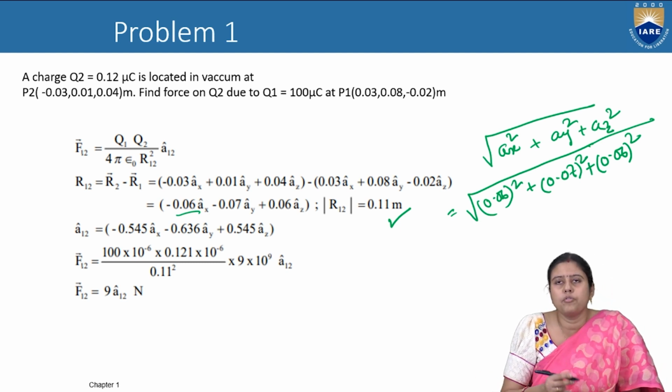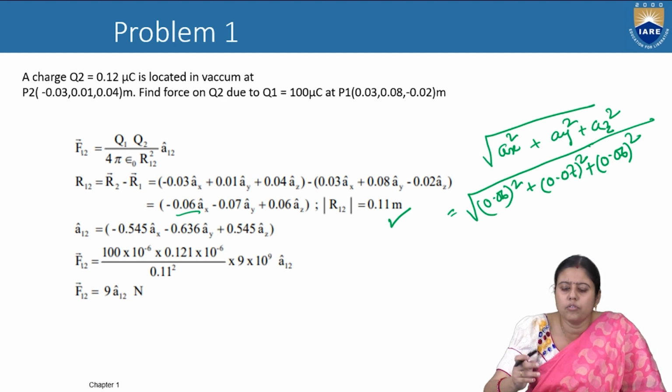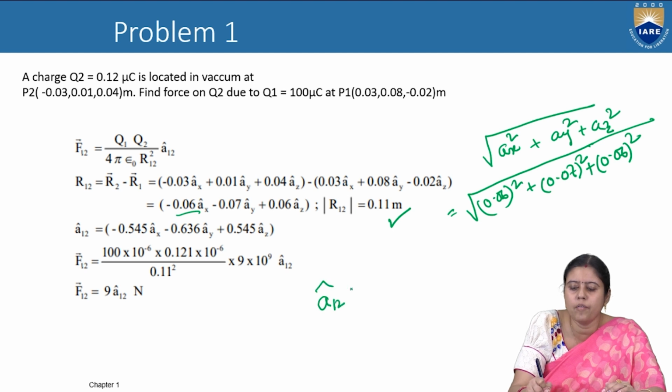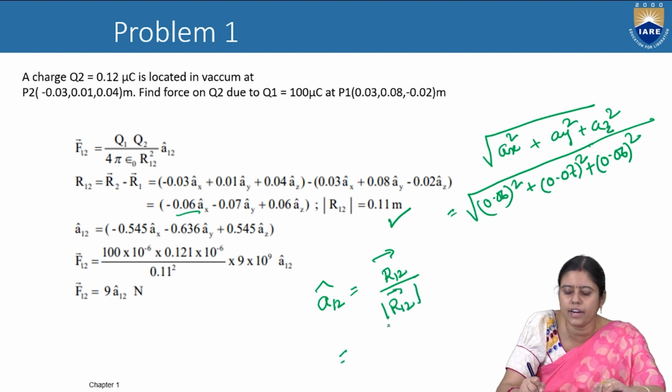Now next we have to calculate the direction. So how to calculate the unit vector? We know unit vector A12 is equal to R12 vector by mod of R12 vector. So what is the R12 vector?